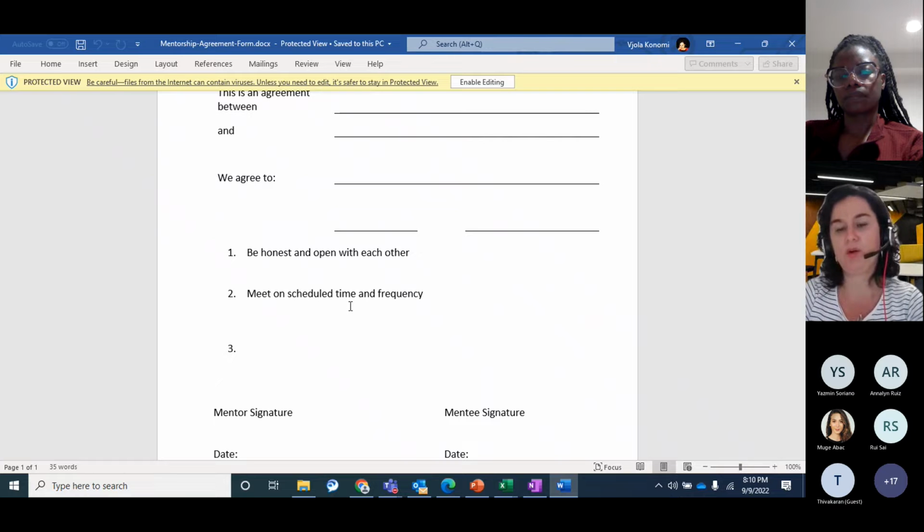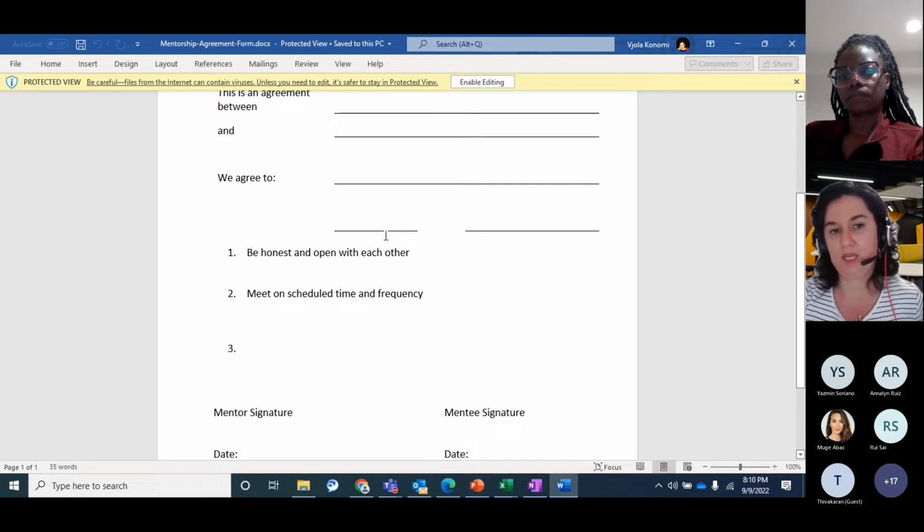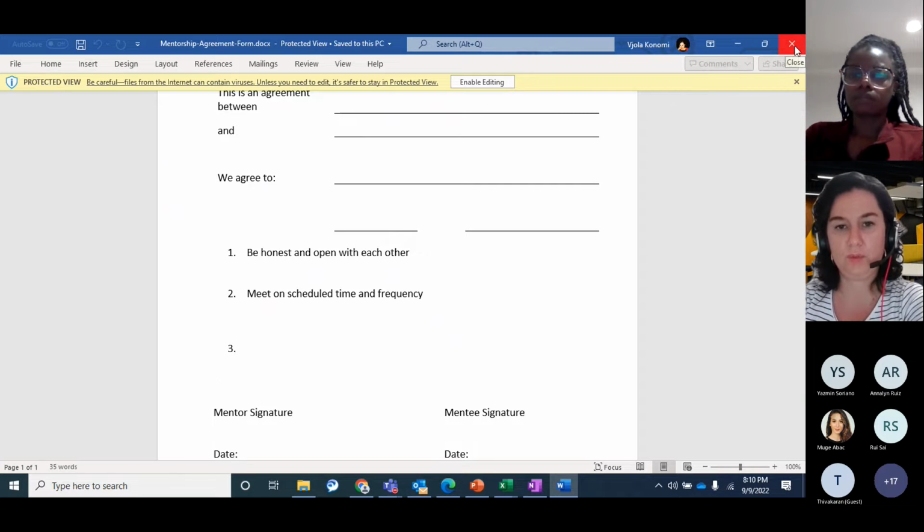Organize your mentoring sessions in advance, stick to the schedule that you decide with one another, and outline everything in this mentorship agreement form, which is available for all of you through the workflow.